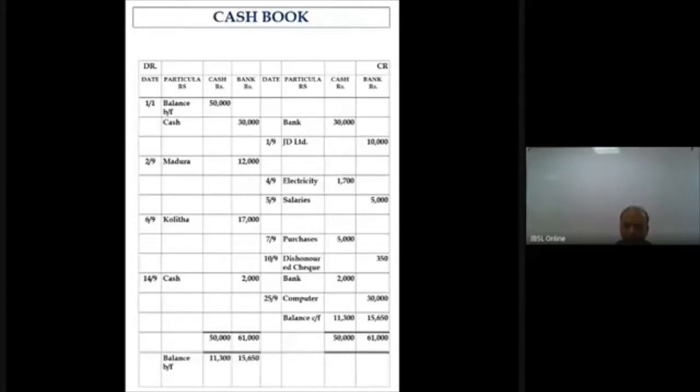Hope this is correct. Is it understood how you do the balancing?